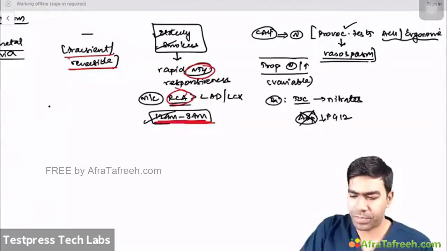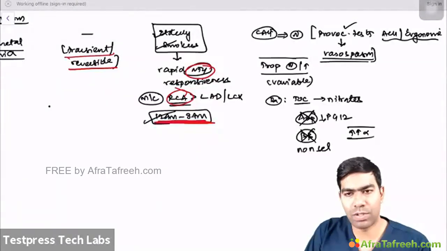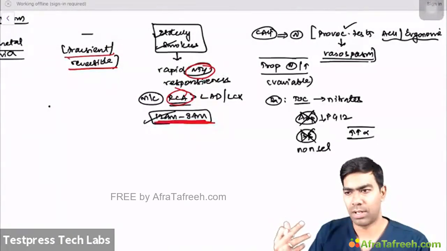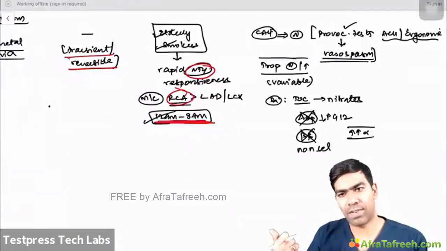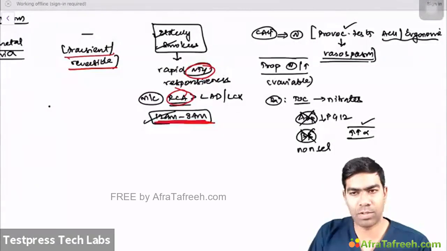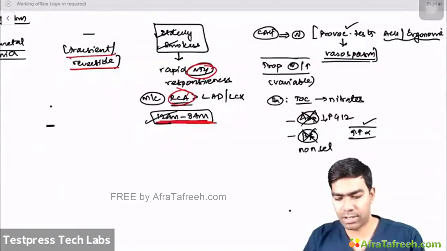And second is beta blockers, especially non-selective beta blockers. Never use them, because they can cause unopposed alpha action. If you use a non-selective drug, it blocks beta 1 and beta 2, there is no beta action at all, only alpha action will be there. Unopposed alpha action can produce more vasoconstriction, more vasospasm and more trouble. So avoid aspirin and beta blockers. Treatment of choice is nitrates.